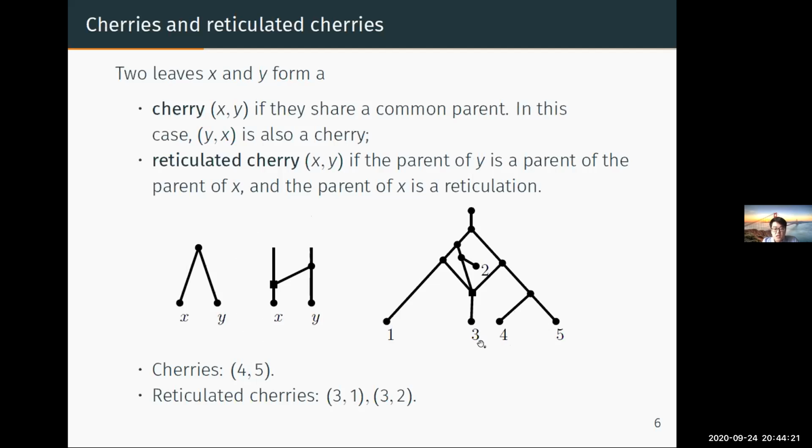And for the reticulated cherries, we see that the parent of 3 is a reticulation. And the parent of this reticulation is a vertex. It's got two parents here, or 3 actually, but these two are the more important ones. And we see that this vertex is a parent of 1. So 3, 1 is a reticulated cherry, and also 3, 2 is a reticulated cherry.